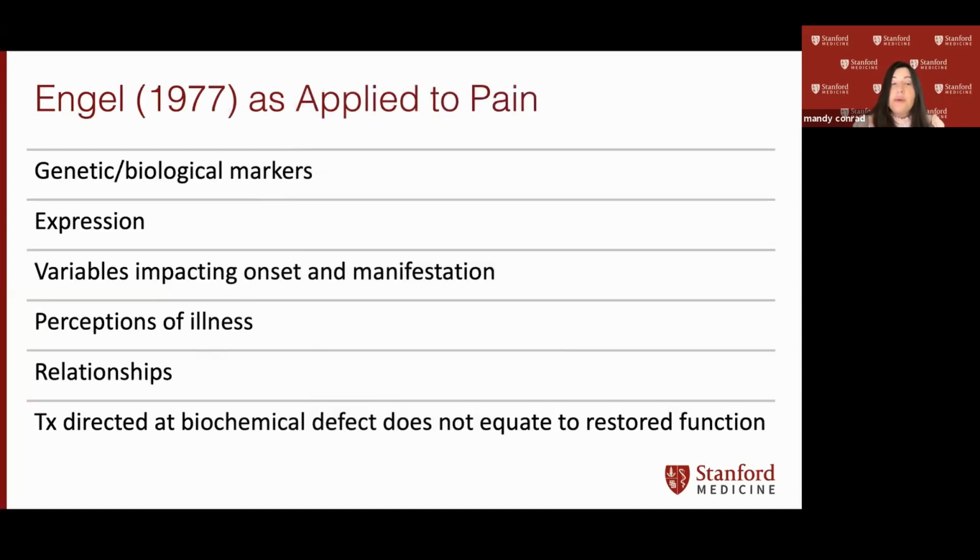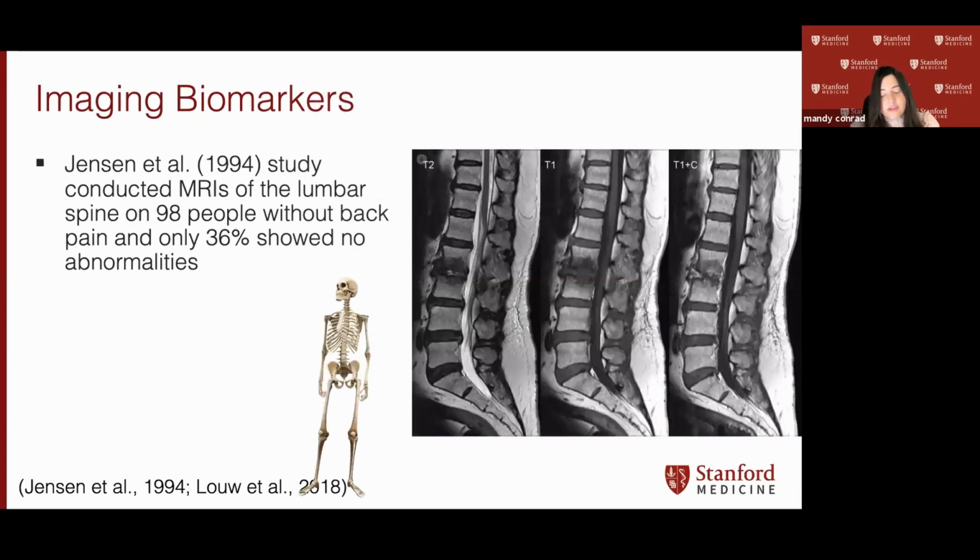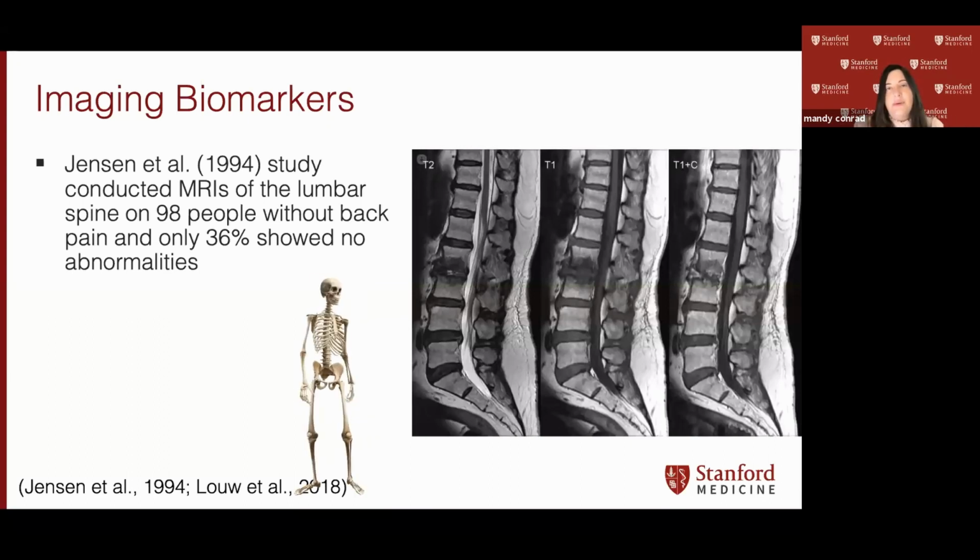So now let's bring all of this into very explicit pain examples, which I think is what you're excited to hear about. So when I talked about how sometimes the presence of an abnormality doesn't always mean that there could be pain, in this case, Jensen and researchers took approximately 100 people, it's actually 98 people, who weren't discussing any pain issues whatsoever.